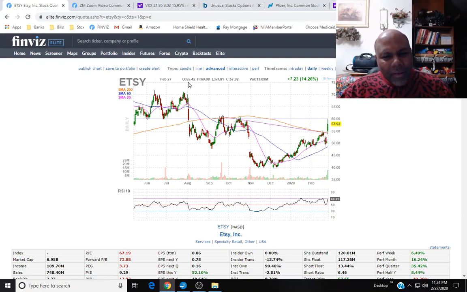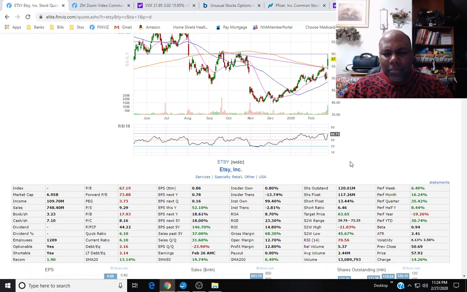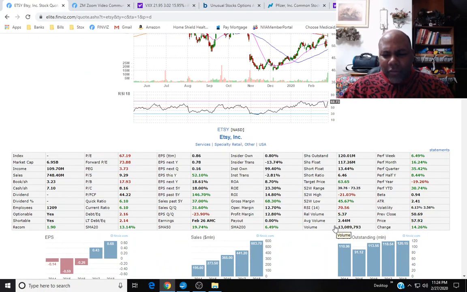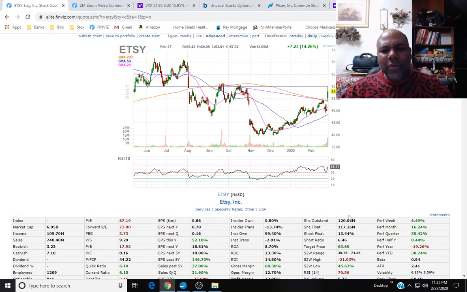Today this stock opened up at $55.42 and it closed at $57.92. Average volume is 2.44 million, but today is over 5 times higher than average volume, which means the shares traded today were over 13 million shares when there's an average of 2.44 million.